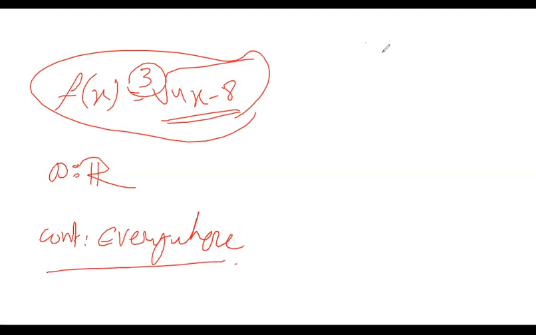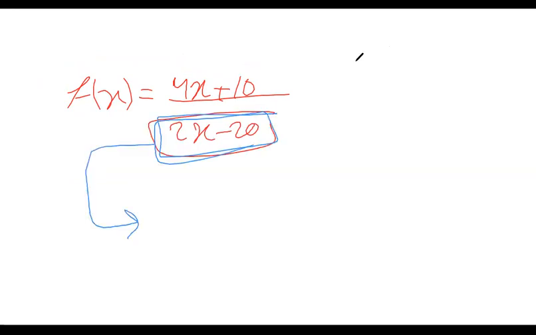Now for the last one, which is the rational function, if you have f of x equal to 4x plus 10 over 2x minus 20, then here we are going to solve only the denominator. It's like we are finding the vertical asymptote.